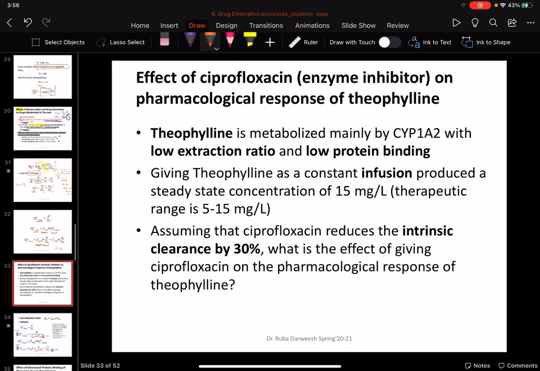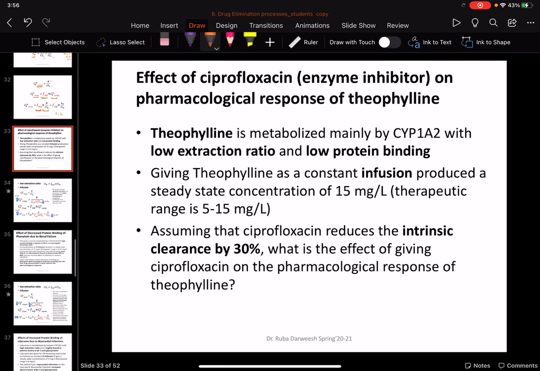Okay, so let's start with the example that we have, the effect of the drug, in this case ciprofloxacin, which is an enzyme inhibitor, on the pharmacological response of theophylline. So we are talking about theophylline and we are talking about drug-drug interaction. Okay, so let's read the information that you need to know.